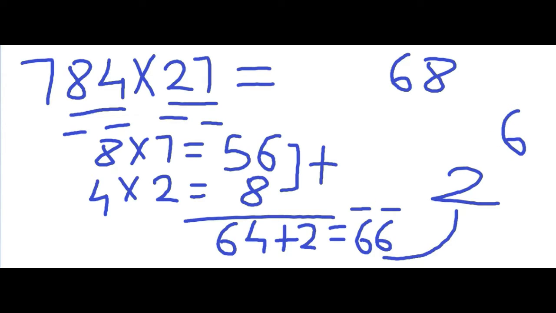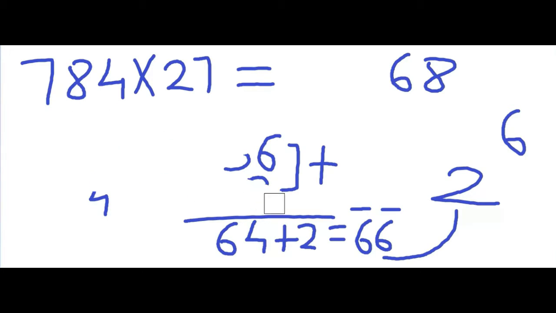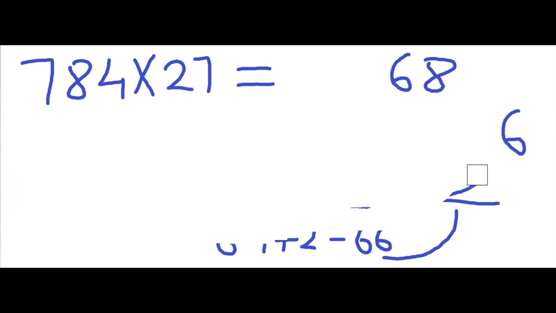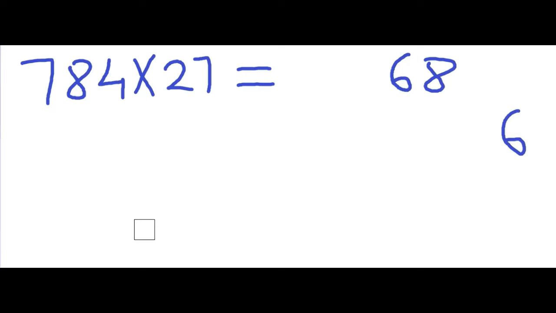So go to the next step. In the next step we will consider the two numbers 78 and 27 and do the cross multiplication, means multiply this 7 to this 7 and multiply this 8 to this 2.